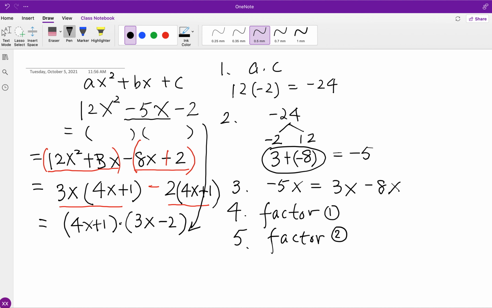In between, there's no plus or subtract. It is just this term multiplied by this term. So this is 4x plus 1, and the other one is 3x subtract 2.